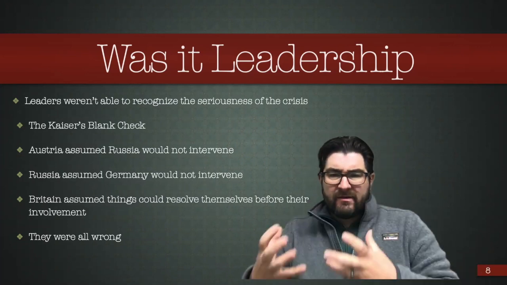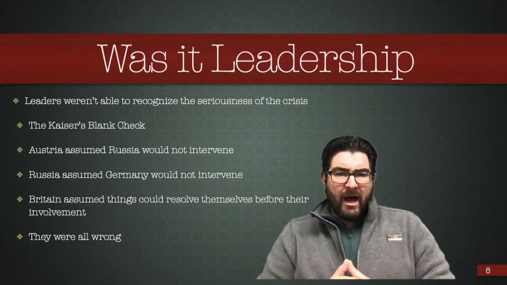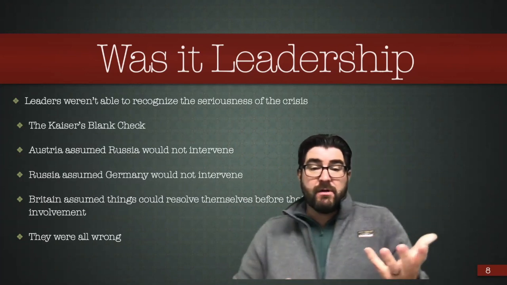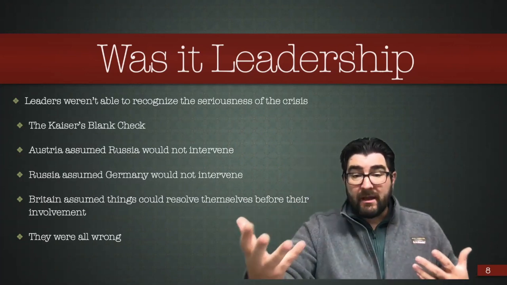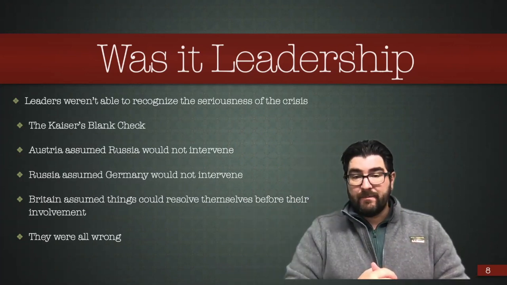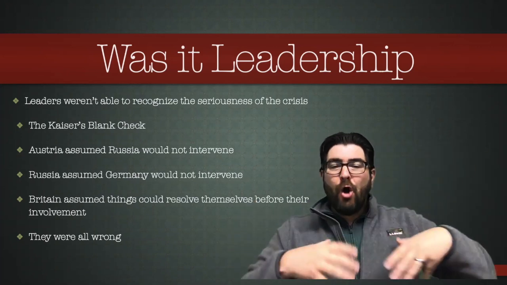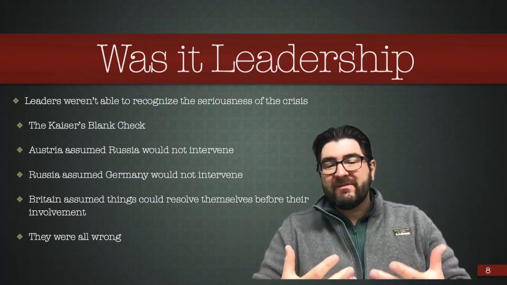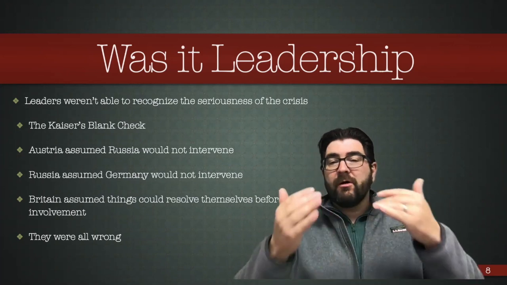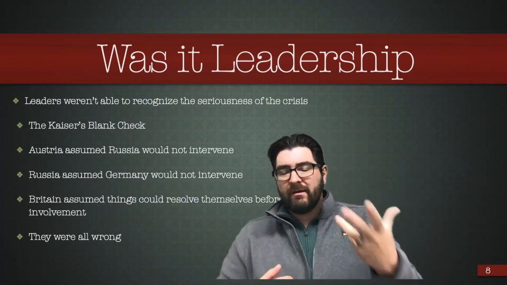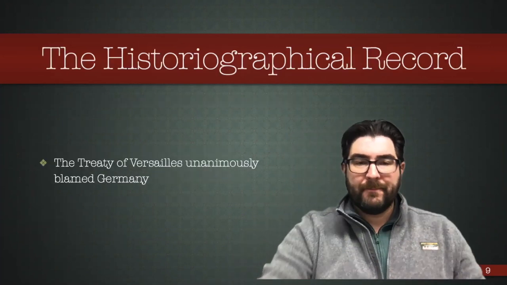They jumped into this conflict with Serbia, assuming that Russia would stay on the sidelines. And by the same notion, Russia is assuming Germany would stay on the sidelines. Britain, sitting alone on its own, hoped that things would resolve themselves before Britain would ever need to get involved. And these thoughts were all wrong.